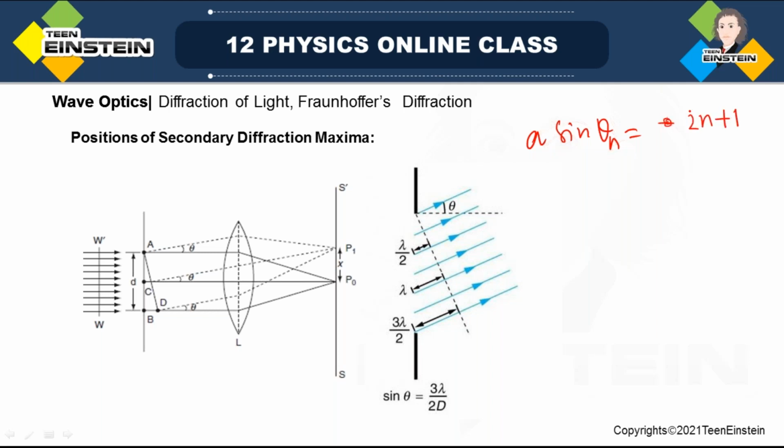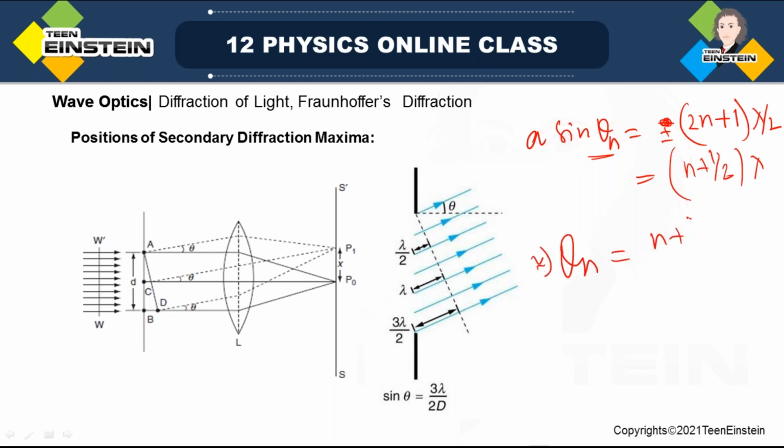For the general formula, for the nth secondary maxima, the path difference is 2n plus 1 into lambda by 2, an odd multiple of lambda by 2. Obviously there will be plus and minus, both sides show the same thing. Dividing by 2, we get n plus half into lambda. If theta is very small, we take the approximation, so theta n will be n plus half into lambda by a.